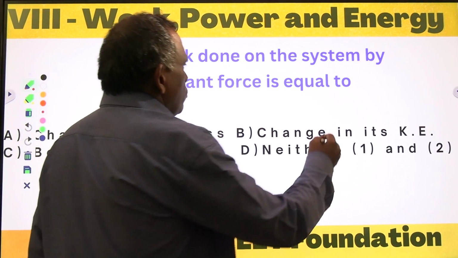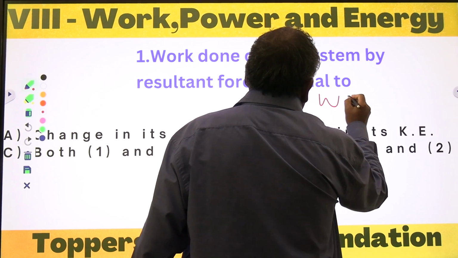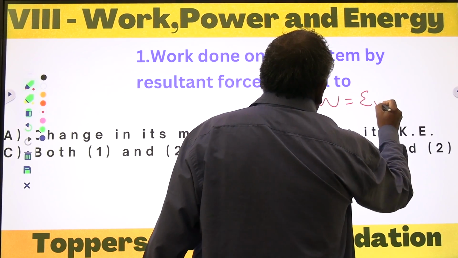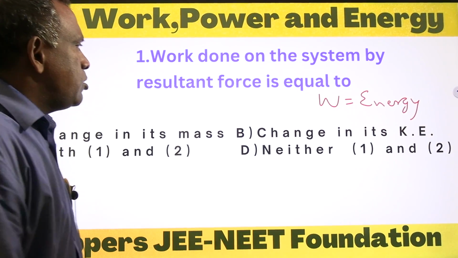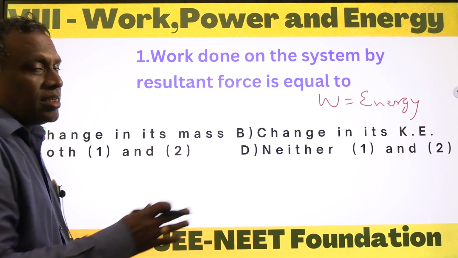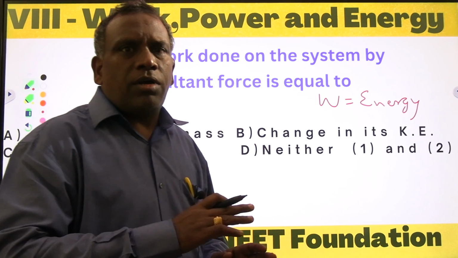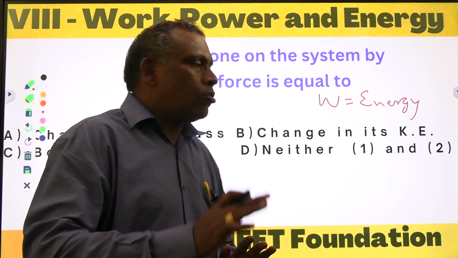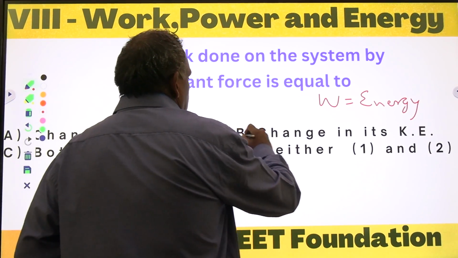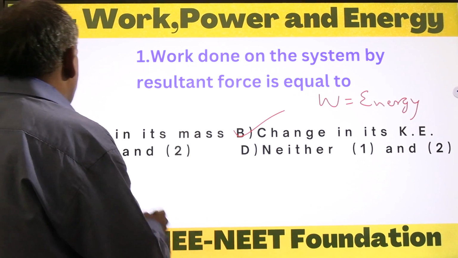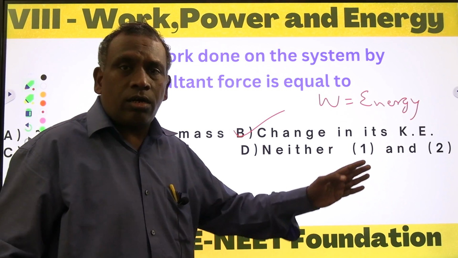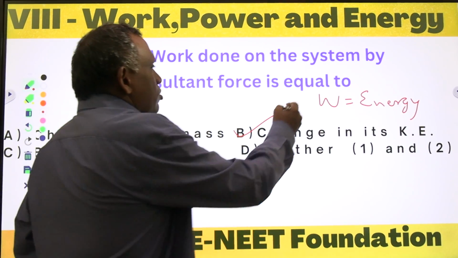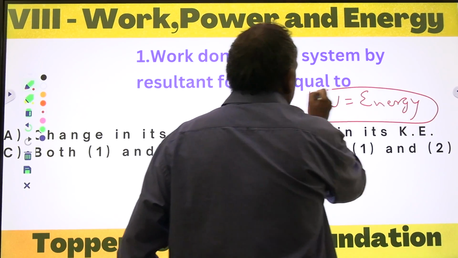Work is equal to energy. That is the work energy theorem, which says the amount of work done is equal to the change in kinetic energy. So option B is the correct answer. It is not change in mass or both, and not neither one nor two.